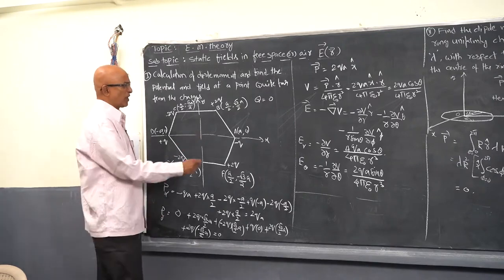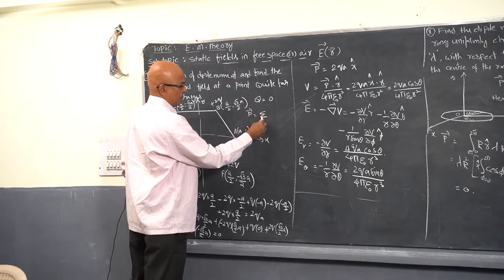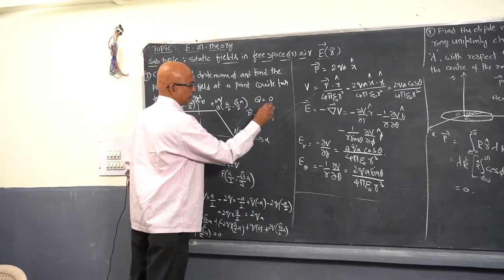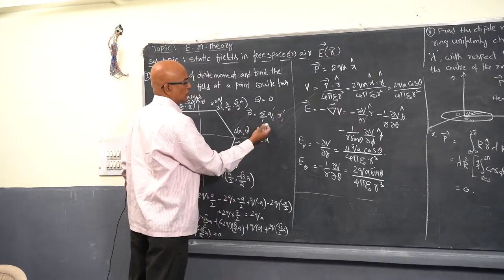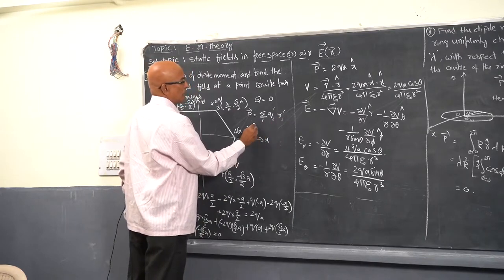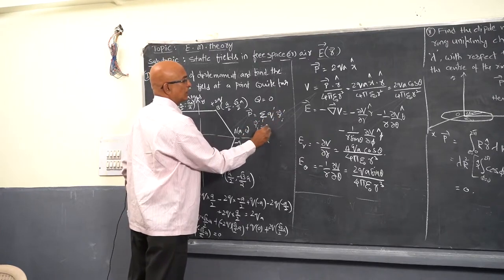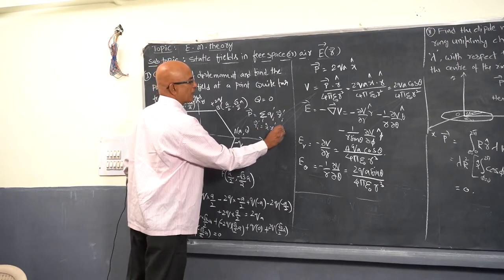We are using the formula for a discrete charge distribution: P is equal to sigma i Qi prime into ri prime. In this case ri prime is only x cap into xi prime plus y cap into yi prime.